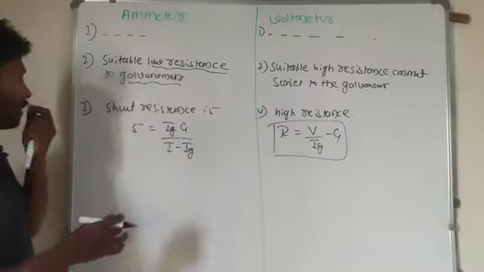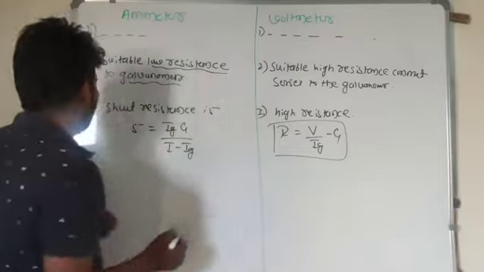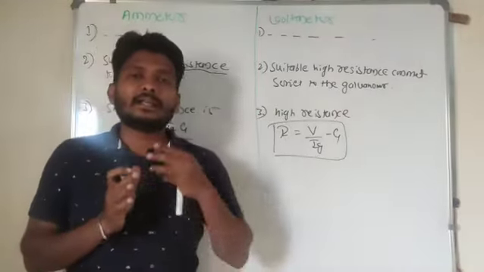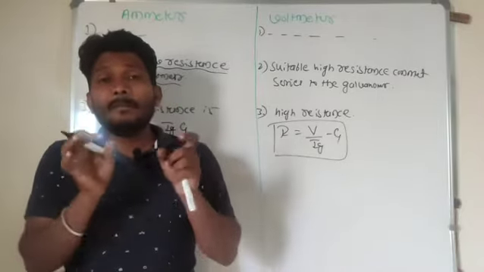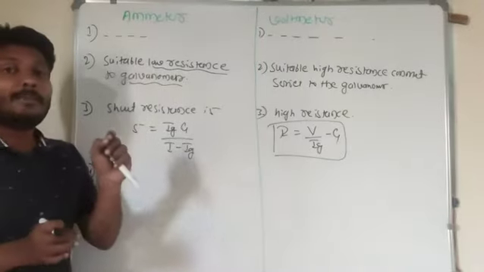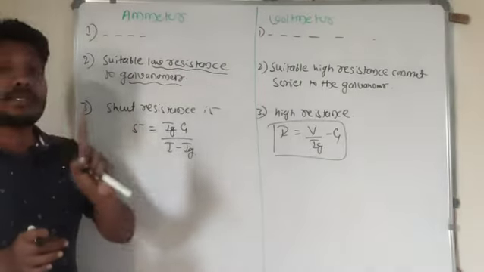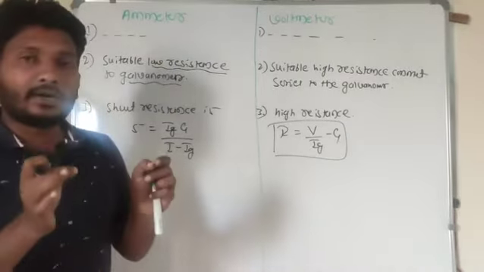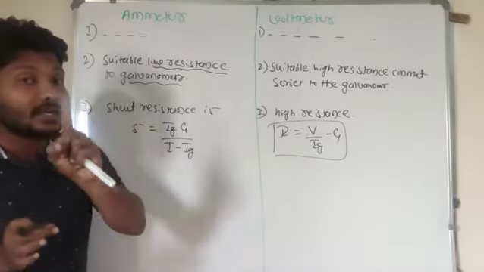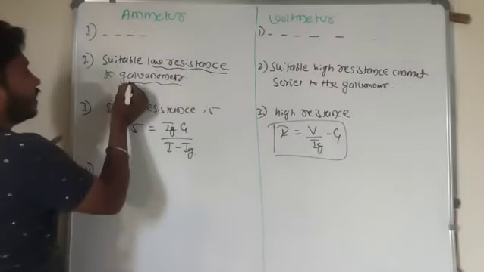Now, third one. Look at here, the main question. In order to measure current in the circuit, ammeter should be connected in series to the circuit. Remember one point here, ammeter is always connected in series to the circuit. Don't get confused here.